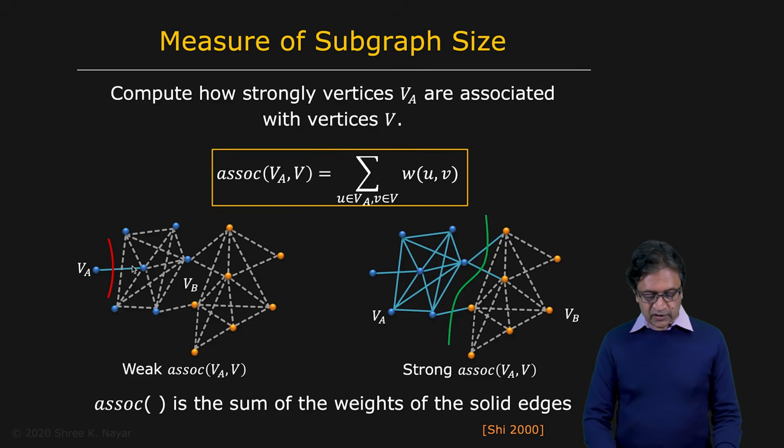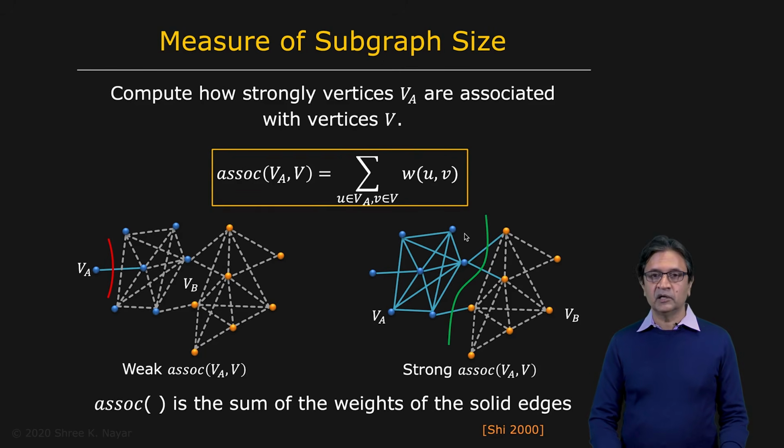So in this case, if you're looking at this to be VA, then that would be just the weight of this edge right here. In this case, if you're going to cut right here, the association is much greater because it would include all of these edges which belong to VA but are a part of V as well.